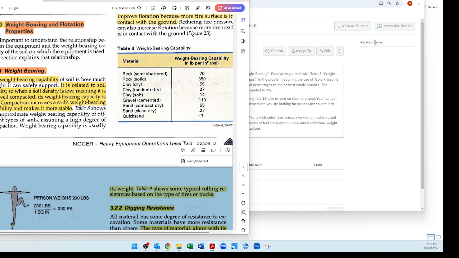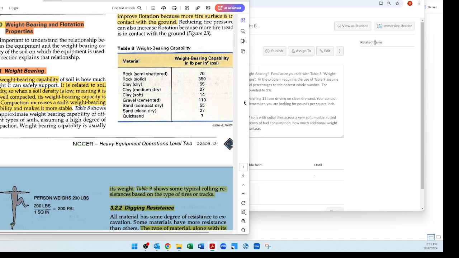See, this kind of stuff is figured before the job starts, in the estimating portion of it. So a little bit bigger tire would probably kick us up, so we'd be in safer territory. According to this, we have 25 pounds per square inch.